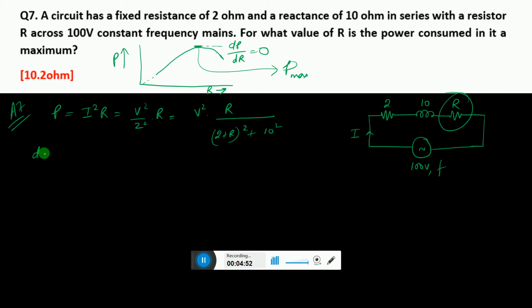Now we have to take the derivative with respect to R. So V square times the derivative of this term. The denominator we will not consider because we are writing this for the maximum and this is equal to 0. So we write the denominator term first, derivative of R times, minus R times the derivative of this lower term.